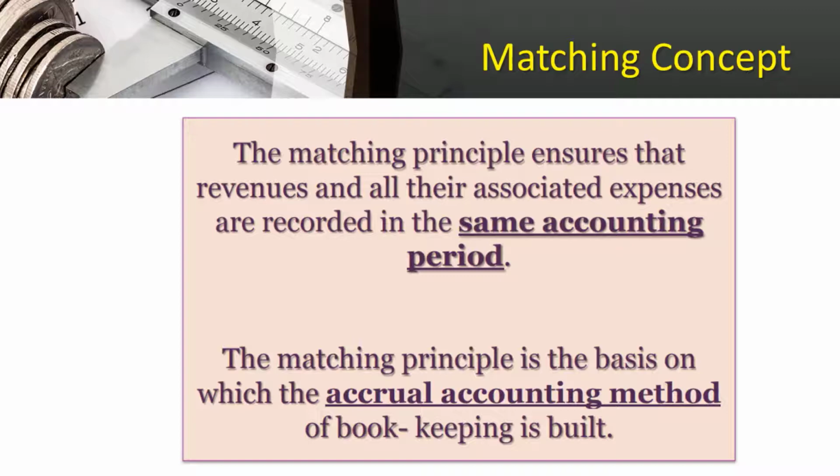For example, if an organization sells 10,000 of goods in a particular period, the organization should deduct the cost of these goods, that means the purchase price of those goods, in order to calculate the profit. So, the sales should be matched with the cost of those sales.